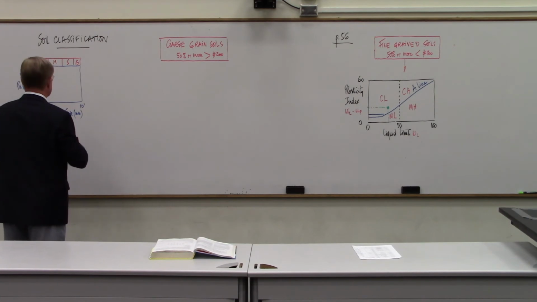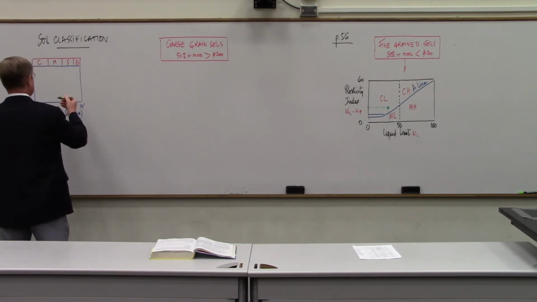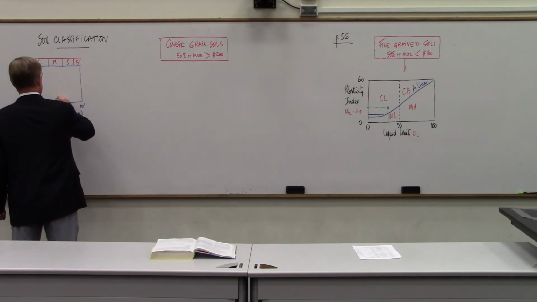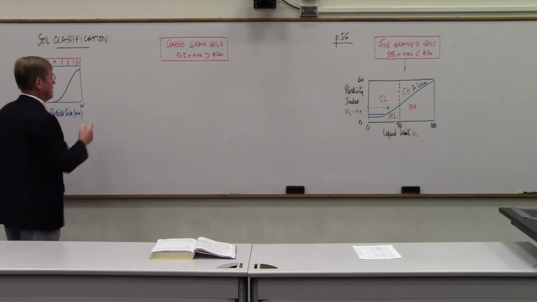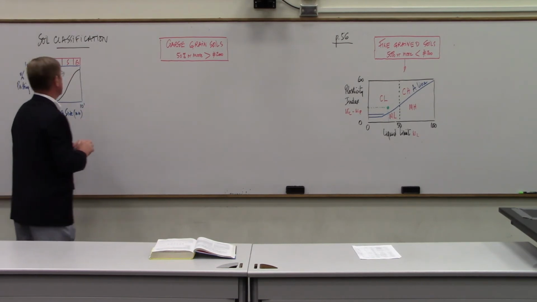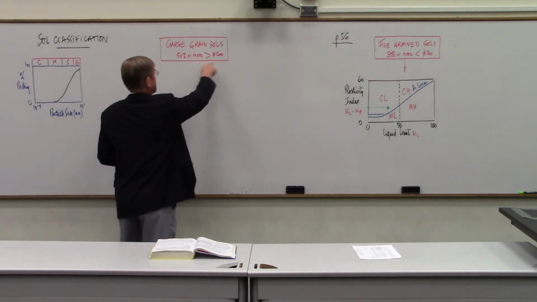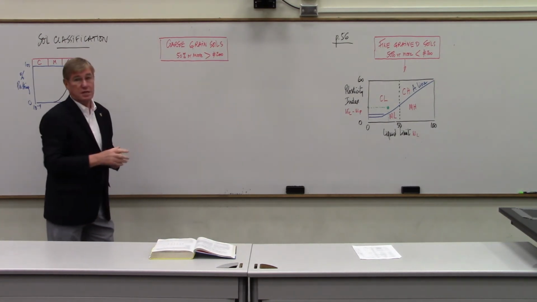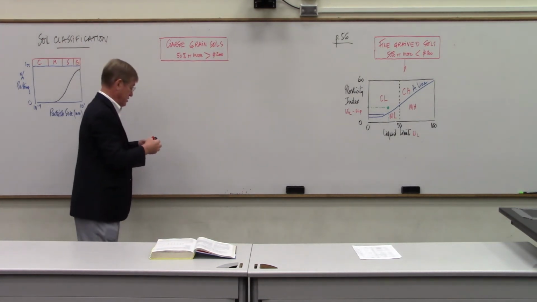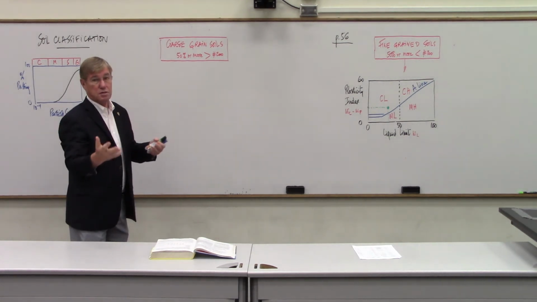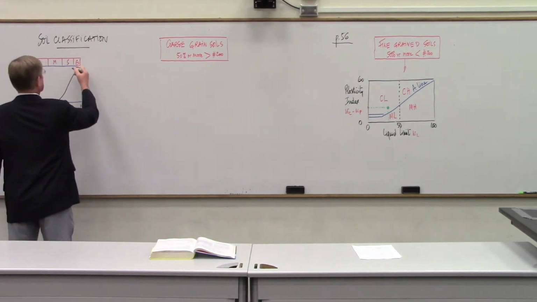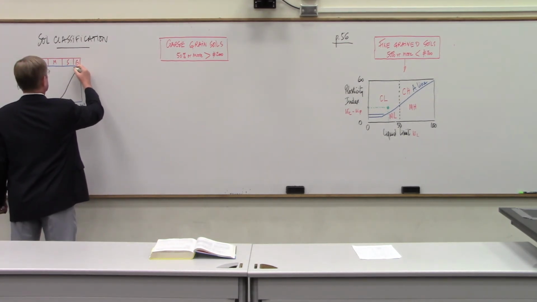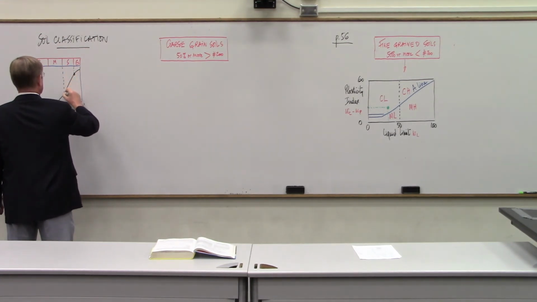So let's say that I have a distribution curve that looks something like this. The first thing I got to decide, I know it's a coarse-grained soil because it falls in that category. The second step is, is it a sand or is it a gravel? Well, you can see that in this case, I've got this much sand from here to there.